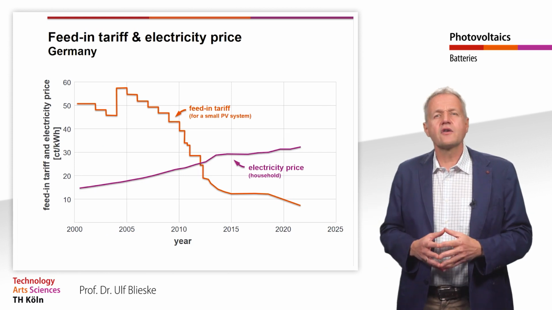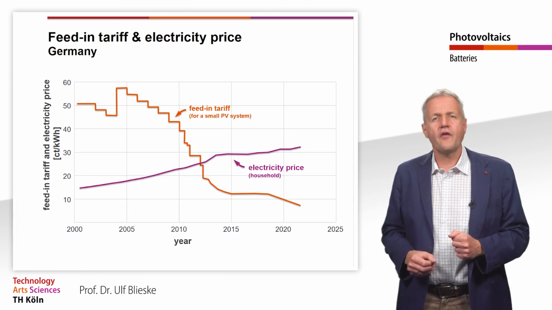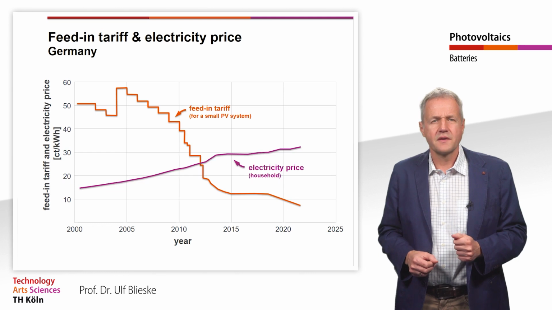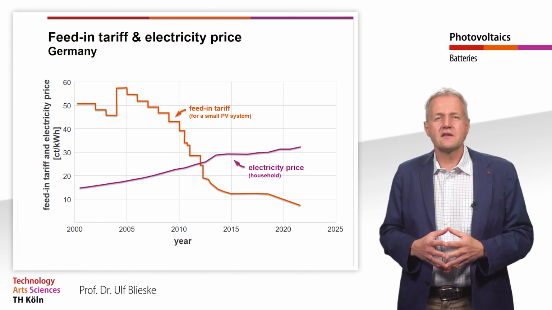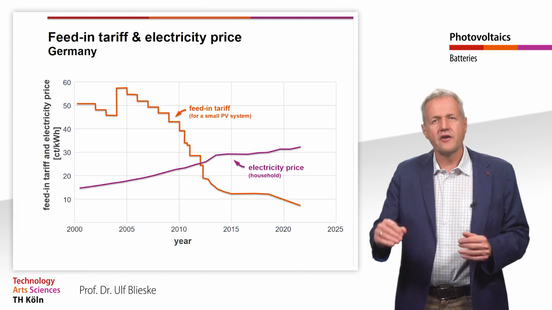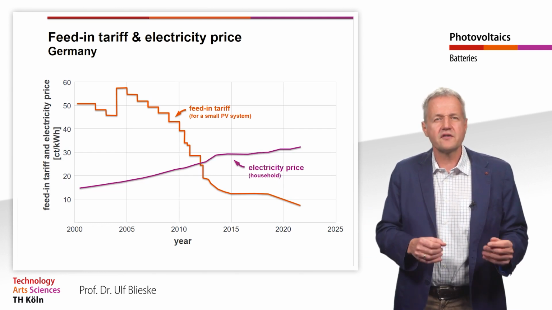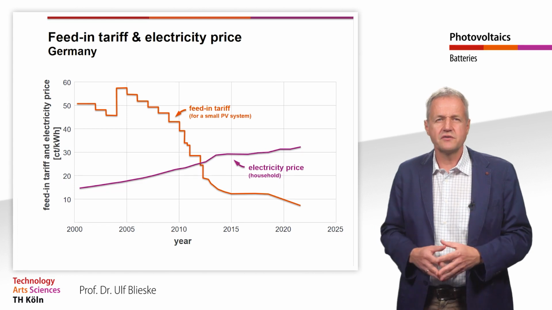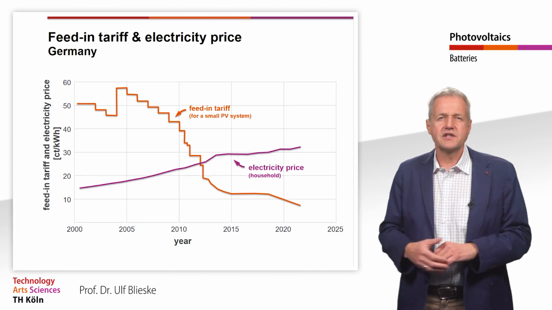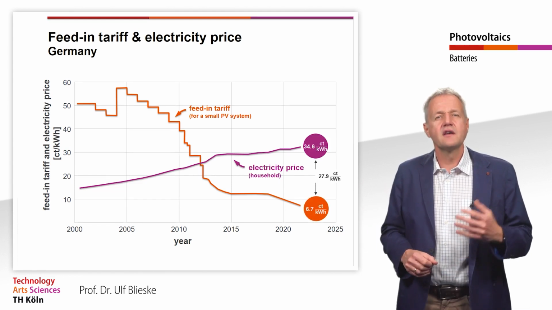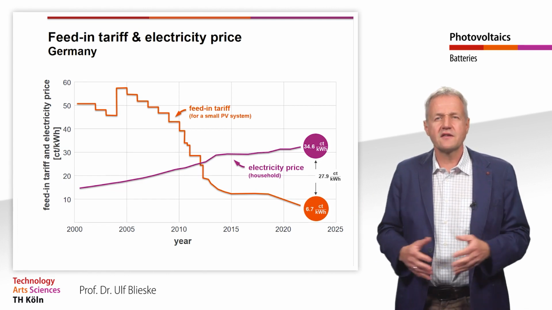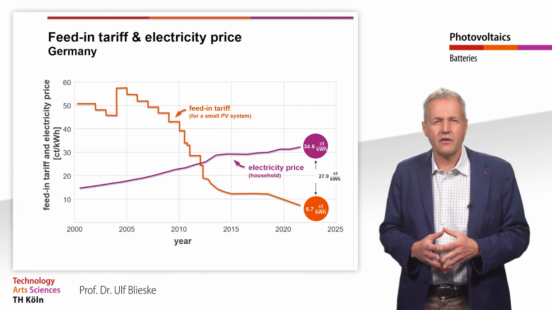Finally, let's take a look at the economic efficiency of a battery storage system. Here you can see again the development of the feed-in tariff and the electricity purchase price in Germany for the years 2000 to 2022. In 2022, the feed-in tariff in Germany for a small PV system is 6.7 cents per kilowatt hour.